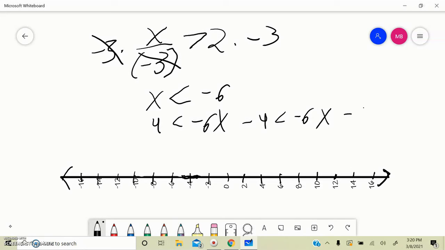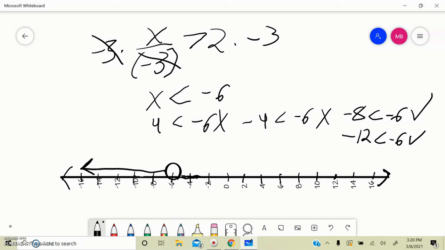Alright, let's try negative 8 is less than negative 6. That works out. I have an idea about where I'm going. And then how about negative 12 is less than negative 6? Yes, that is correct. All right, so I know where my line is going. I'm going to use an open circle because it is just less than. And put my arrow to graph it.